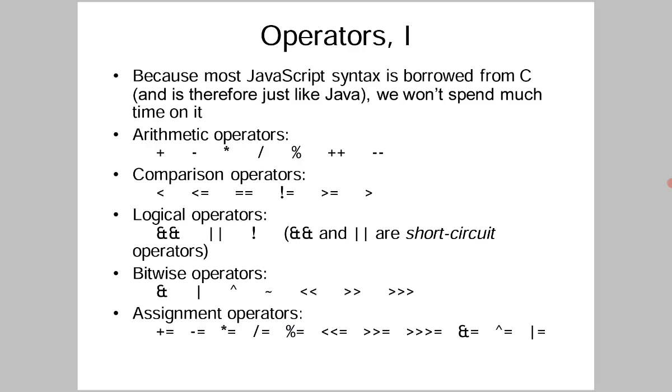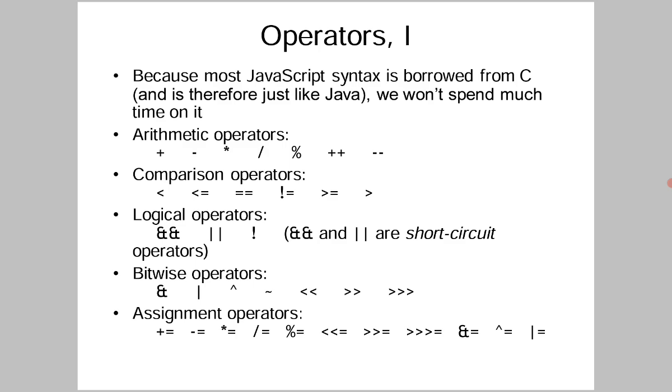The syntax of JavaScript is almost the same as in C and Java. So operators are like that: arithmetic operators, plus, minus, star, slash, percentage, plus plus, minus minus.